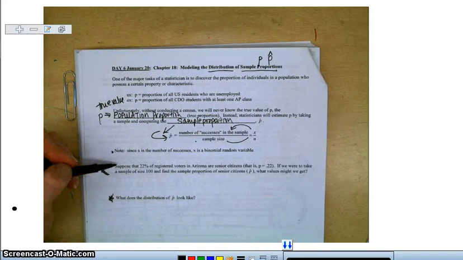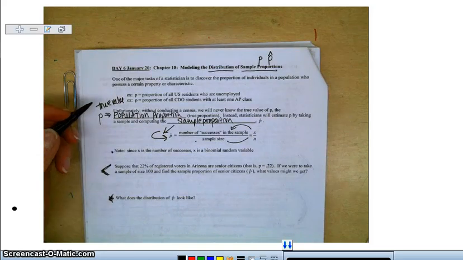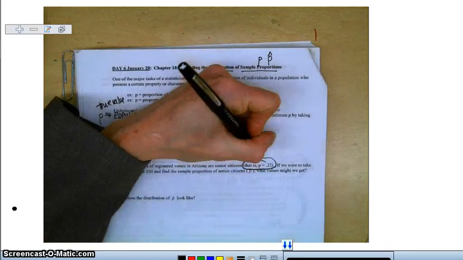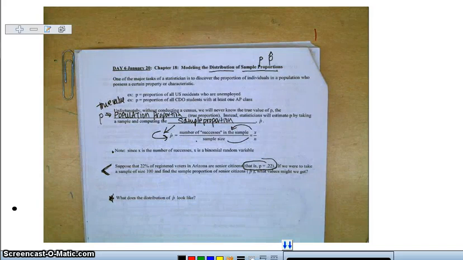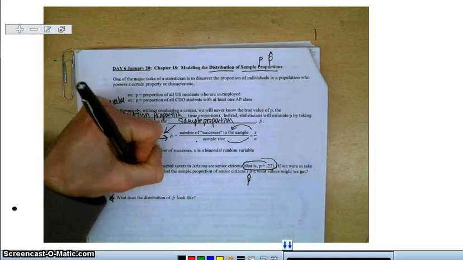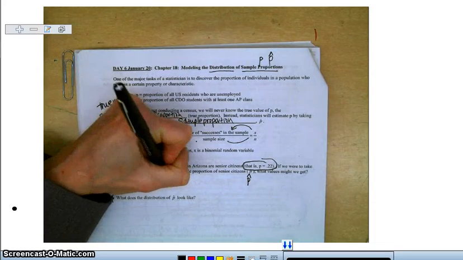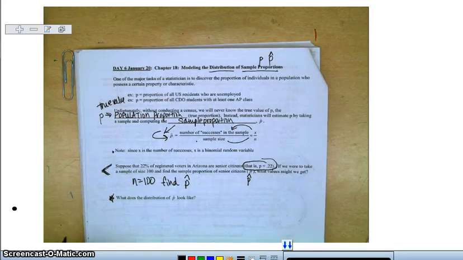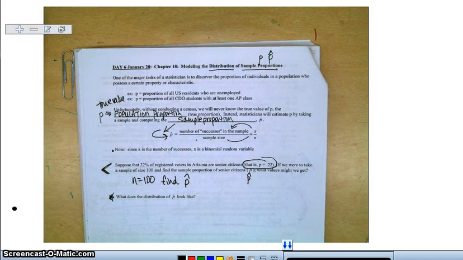So suppose that 22% of registered voters in Arizona are senior citizens. That is, they tell us that the true proportion is 0.22. If we were to take a sample of size 100 and find the sample proportion of senior citizens, p hat, so n equals 100, what are the values we might get?